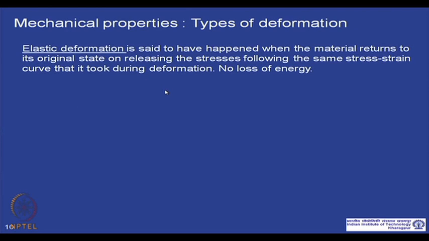One is elastic deformation. You probably know that elastic deformation happens when a material returns to the original state, releasing the stresses, following the same stress strain curve that it took during deformation. So, if you apply stress, it will deform. If you release the stress, it should come back in the same path, stress strain come to the original state.